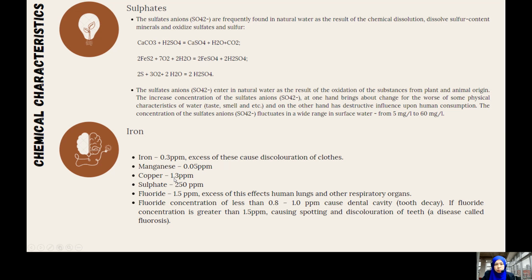Copper 1.3 ppm, sulfate is 250 ppm, and fluoride is 1.5 ppm. When the value is more than this range, these elements can affect humans, especially human lungs and other respiratory organs.